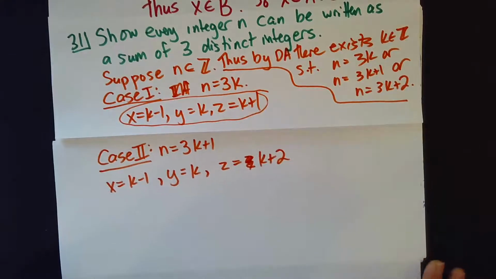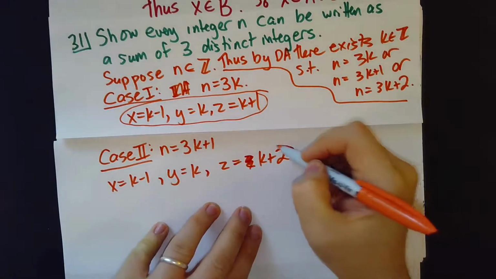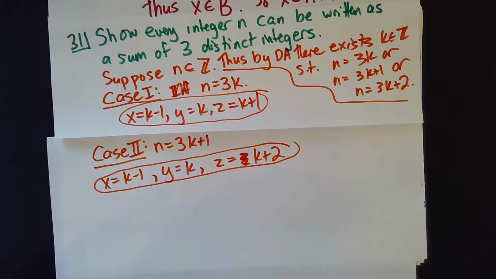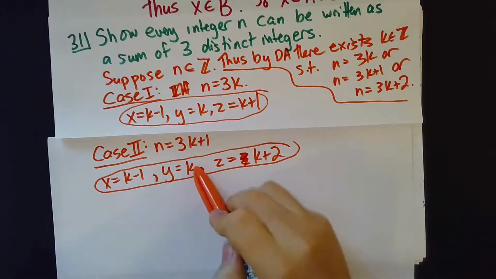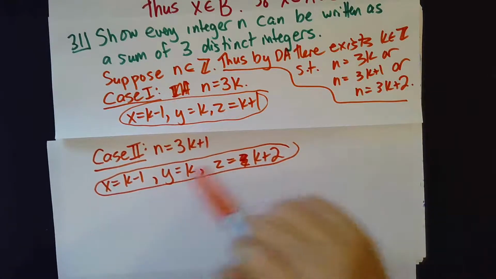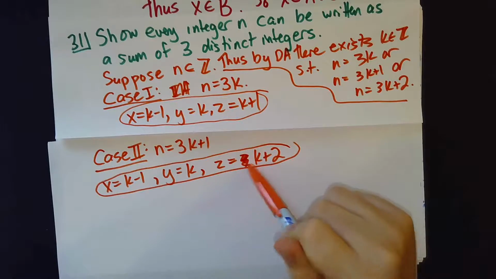And so the point here is I'm choosing these three numbers because these numbers are definitely different, right? This number is 1 more than x. This number is 3 more than x. So they cannot possibly end up accidentally being equal.